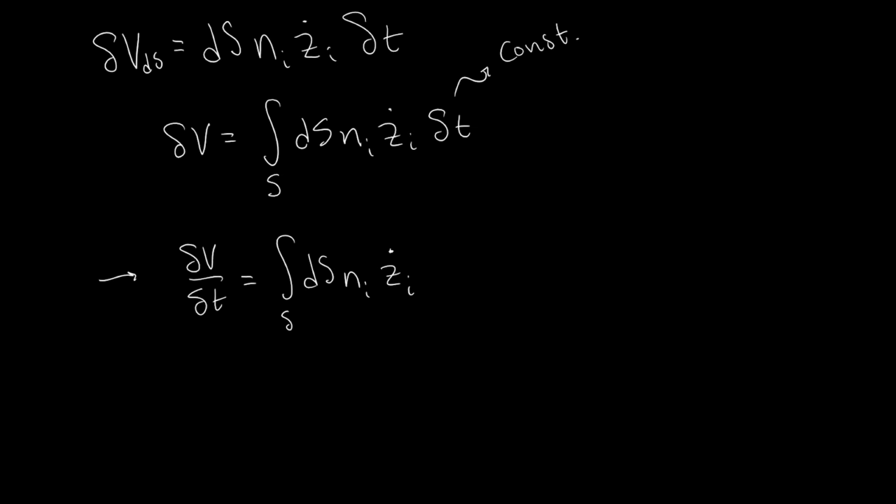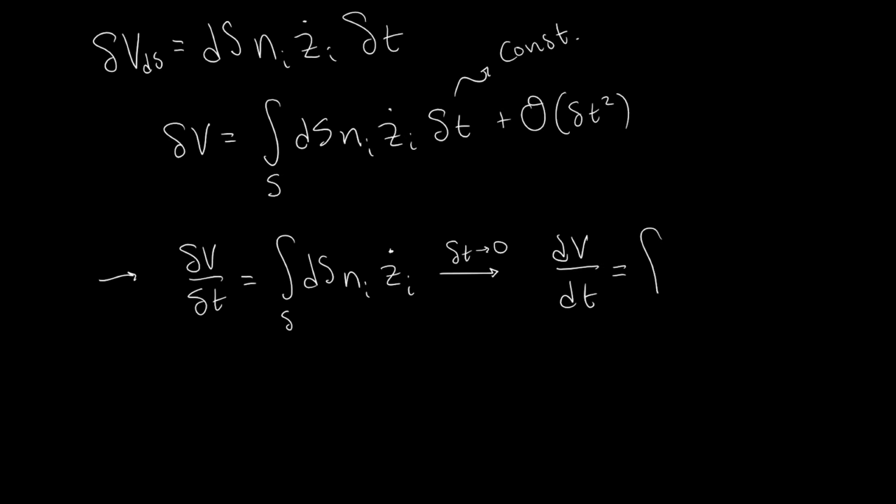And actually, in principle, I should be including some order delta t squared terms, but since I'm taking the limit as delta t goes to 0, these higher order terms are all going to drop out, and I'm going to be left with the time rate of change of this guy.